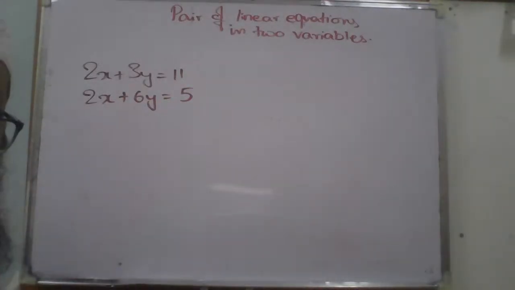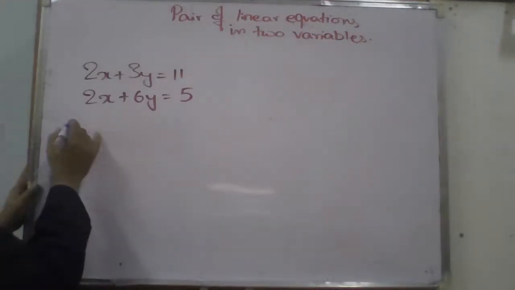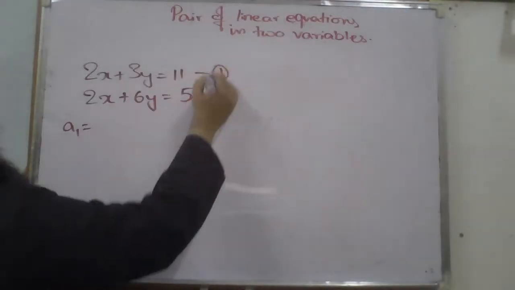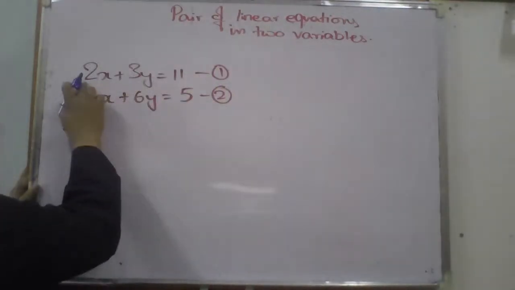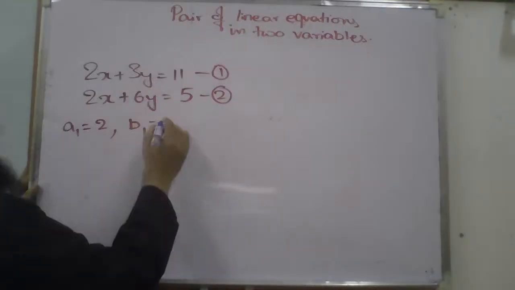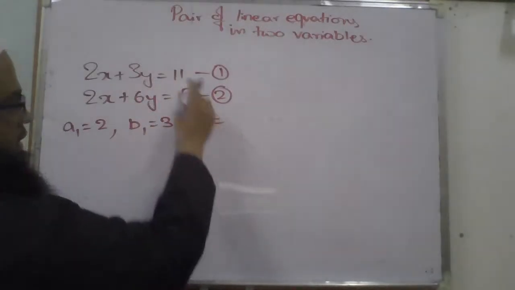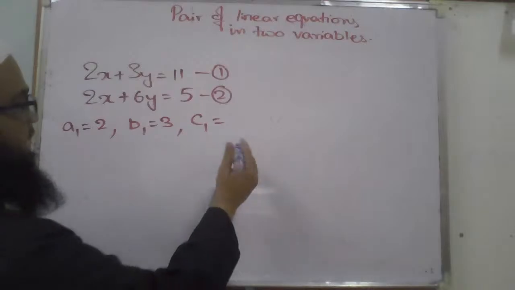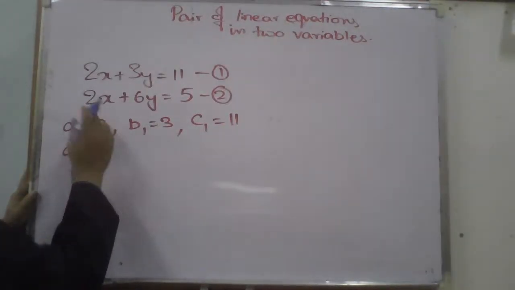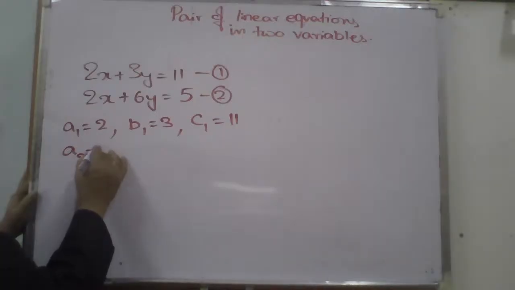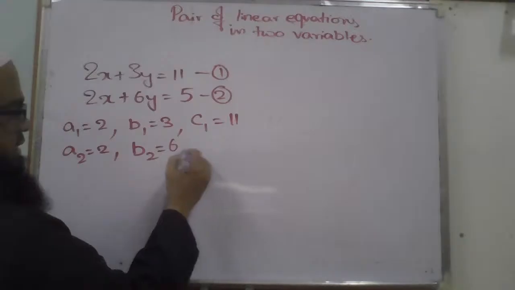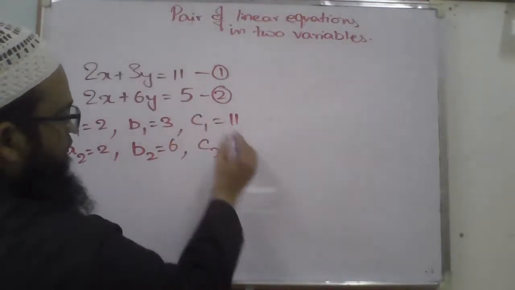First, when they give you this, write a1 is equal to the coefficient of x in the first equation, which is 2, b1 is the coefficient of y, 3, and c1, since both the constants are on the right hand side, is 11. Now a2 equals the coefficient of x in the second equation, 2. b2 is the coefficient of y, which is 6, and c2 is equal to 5.